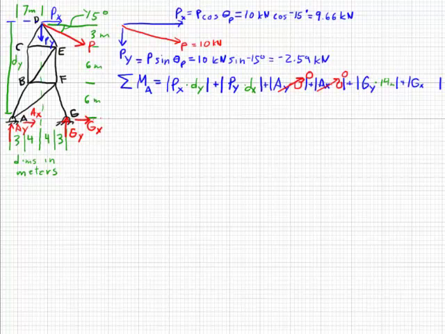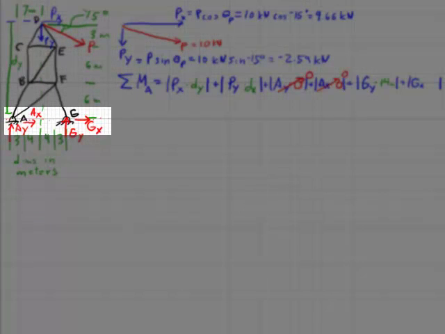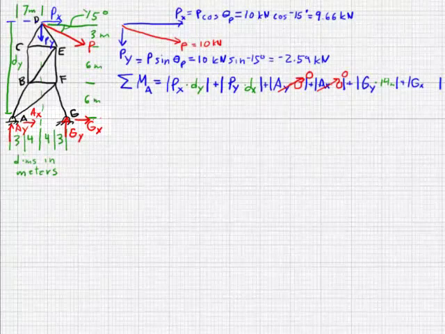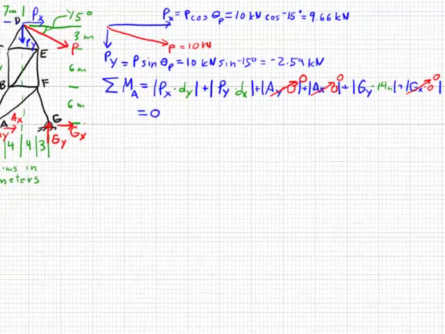GX's line of action goes straight through point A. So the distance from GX to A goes right through, is 0. So this simplifies things greatly. The sum of all these moments must equal 0 for a system in static equilibrium.